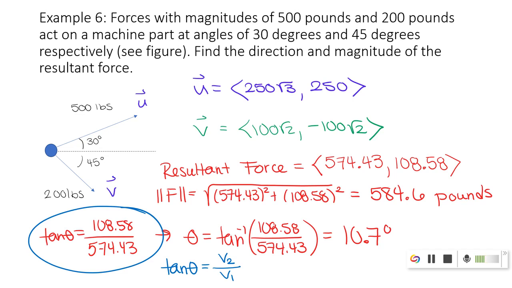And so I got 10.7 degrees. What that is telling me is that if you apply both of these forces on this object, the net result is a force that acts with an angle of 10.7 degrees and has a magnitude of about 585 pounds.